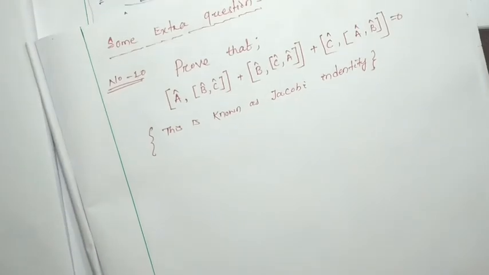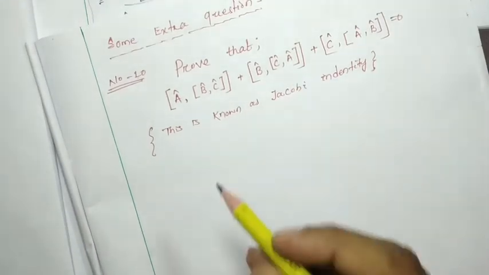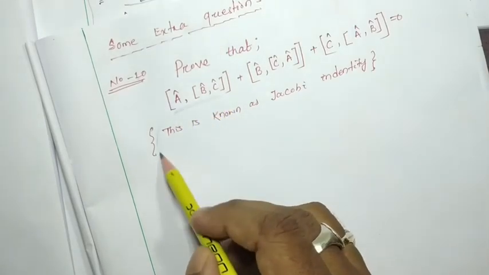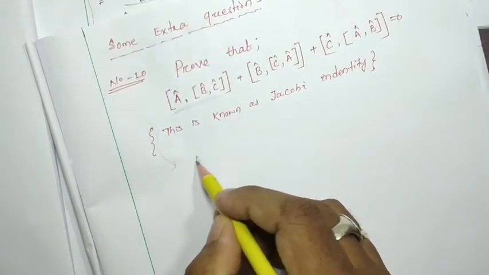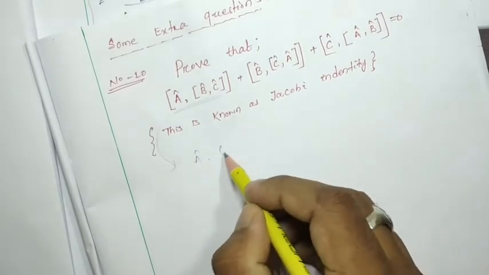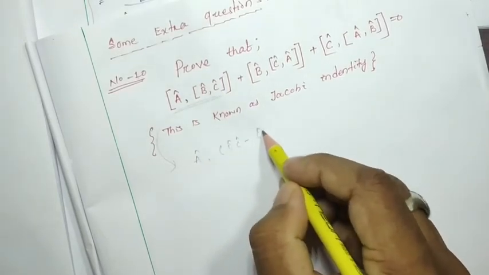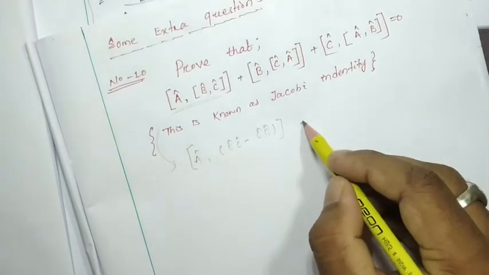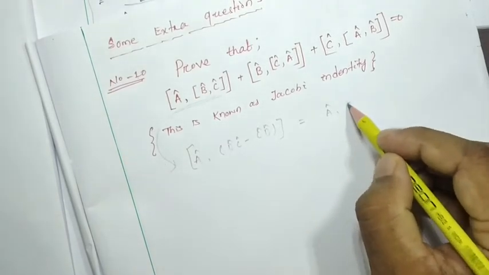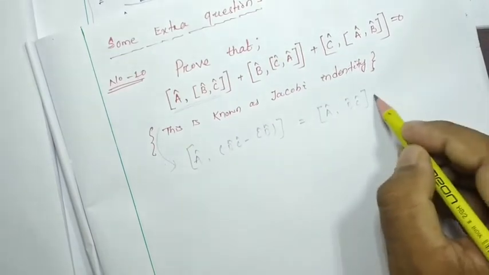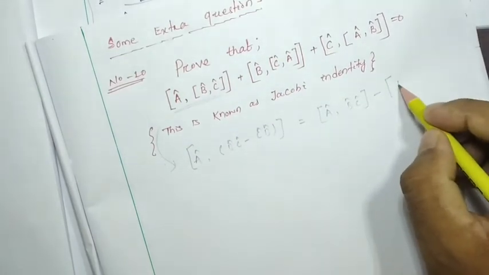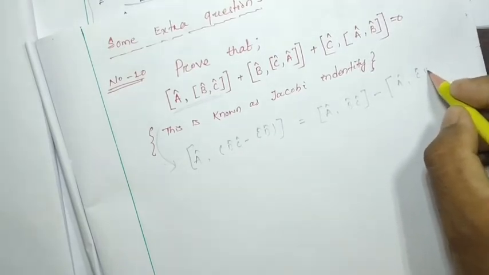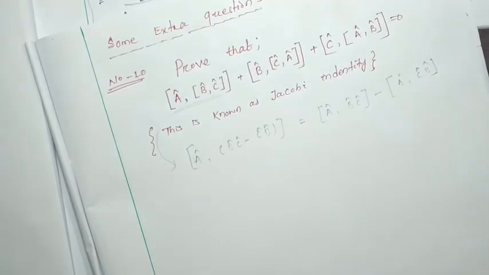So how are you going to do this? I am going to give you some hints. Suppose this term can be broken like this: a^ [b^, c^], okay, that is a^ (b^c^ minus c^b^), and it can be written as a^b^c^ minus a^c^b^, okay.